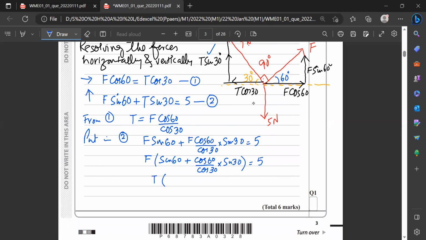You can use a calculator for this working.